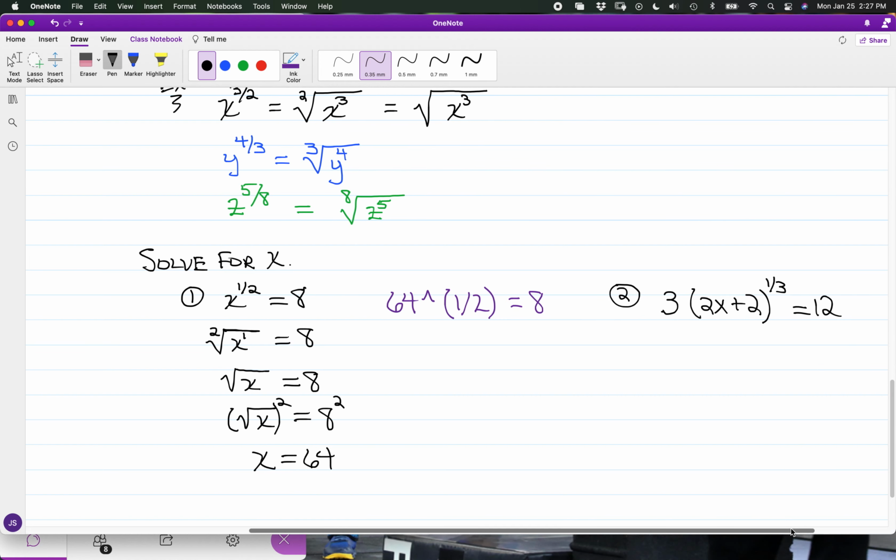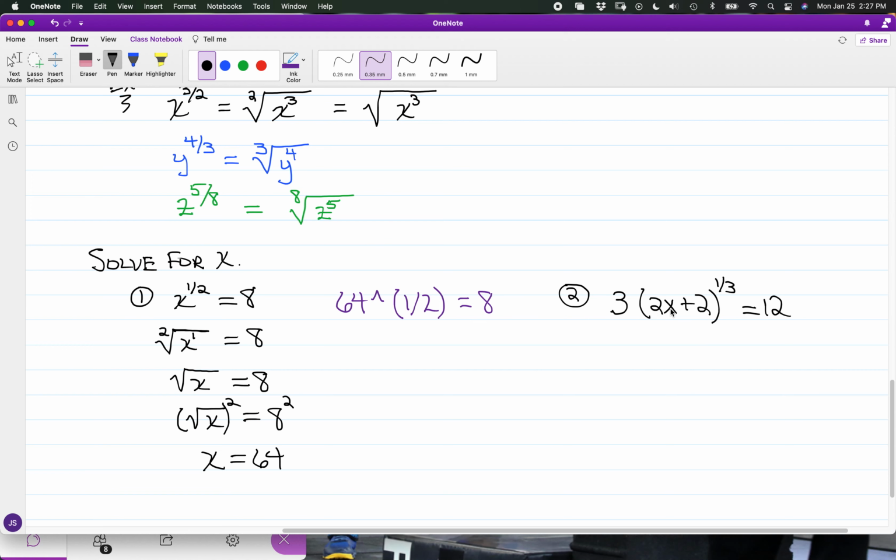For this one, if I'm solving for x, I can just isolate the exponential expression, especially since 3 will go into 12 completely, so I'm just going to divide the equation by 3. So now I have the quantity of 2x plus 2 to the 1/3, and 12 divided by 3 goes to 4.